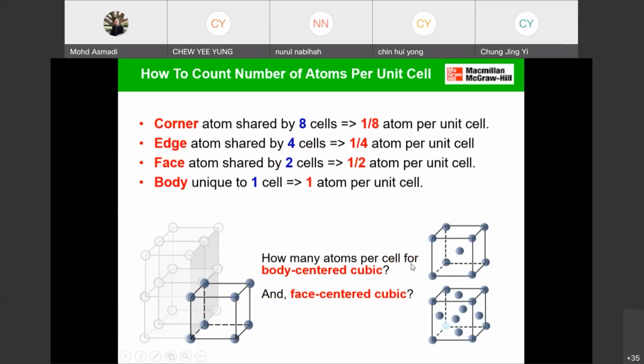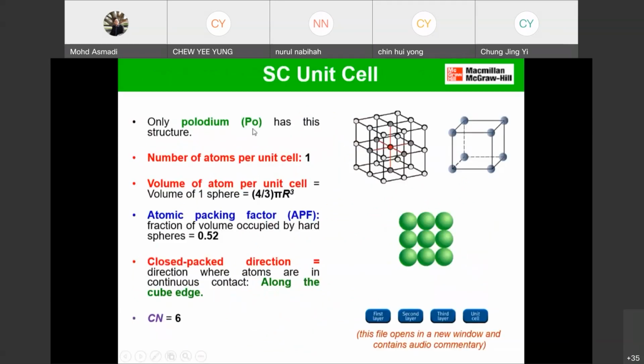So how many atoms per cell for the body-centered cubic and face-centered cubic? This is how we calculate how many atoms there are, and how much void there is. How many percent is occupied by the matter? This is what we are going to calculate.